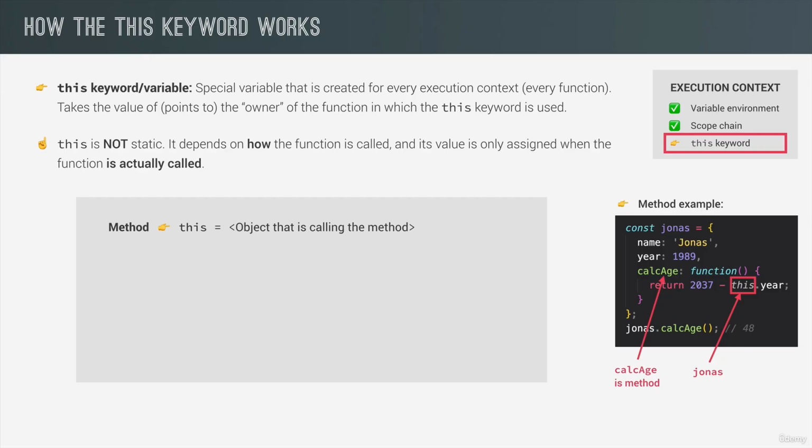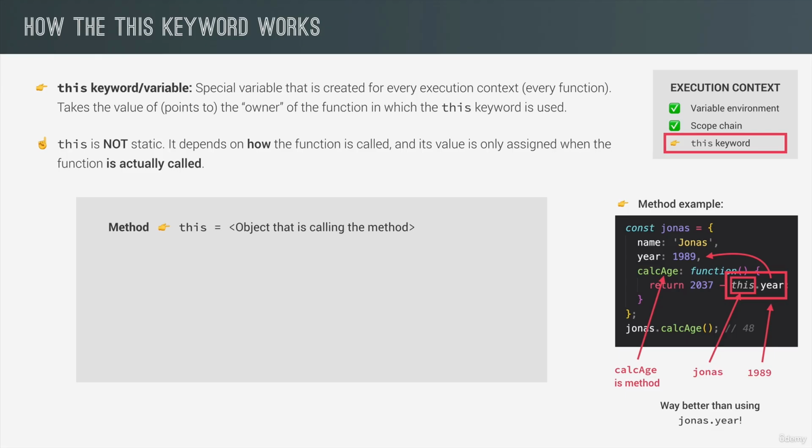And so then, on Jonas, we can of course access all the properties that it has, and so this.year will become 1989, because that's Jonas.year as well. So in this case, writing Jonas.year would have the exact same effect as this.year. But doing it this way is a way better solution, for many reasons that we will get into throughout the course. And we will play around with this example a bit more in the next video.